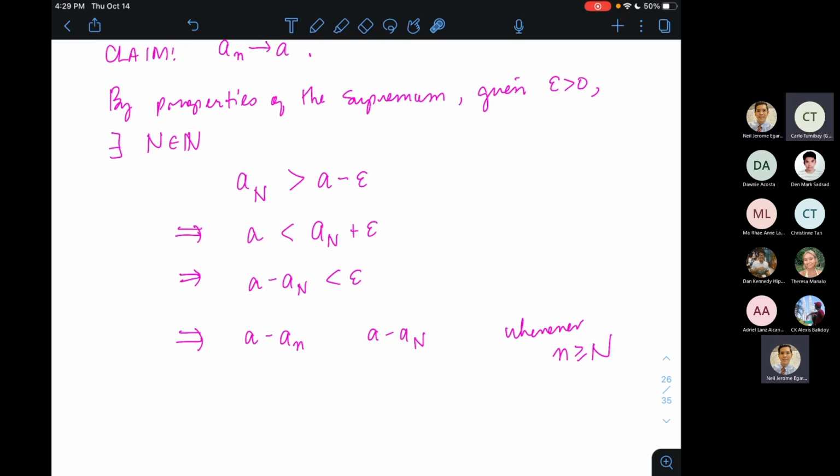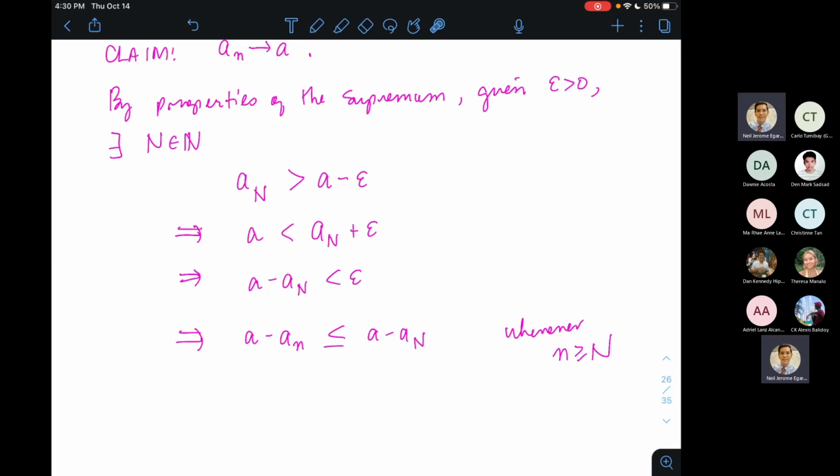Sir, since A sub N is larger, the first term is smaller than the second term, or equal, less than or equal. Okay. So the left side is less than or equal to A minus capital N. Tama ba?